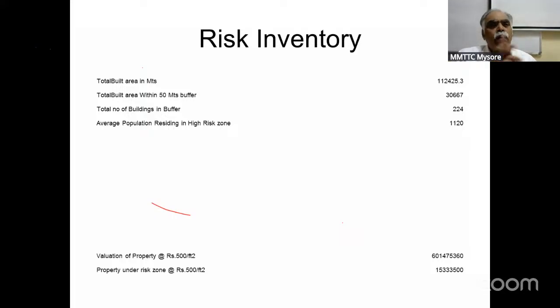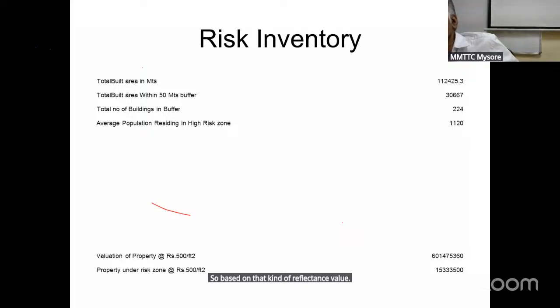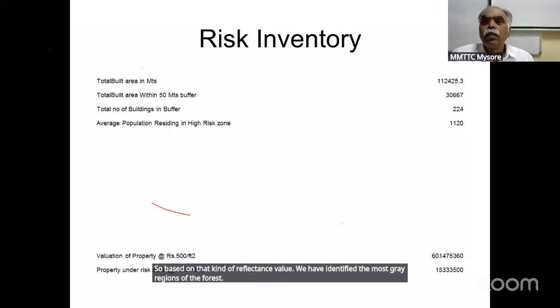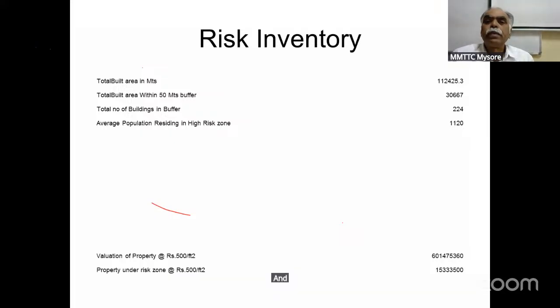Based on that kind of reflectance value, we have identified the most dry regions of the forest, a little bit semi-dry area, and green area. The slope is also considered. Elevation is considered.